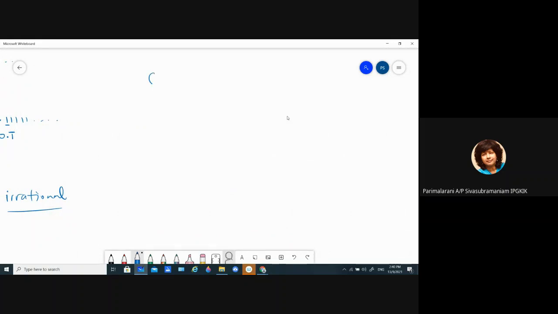Normally we use the alphabet Q to represent rational numbers. What does R represent? When you have a set and we write R there, what does the R represent? Anyone?